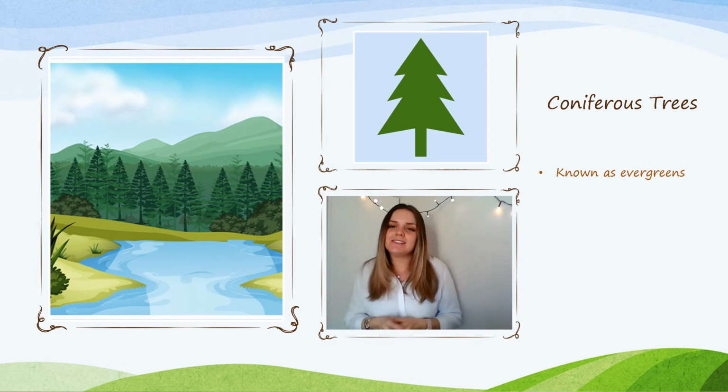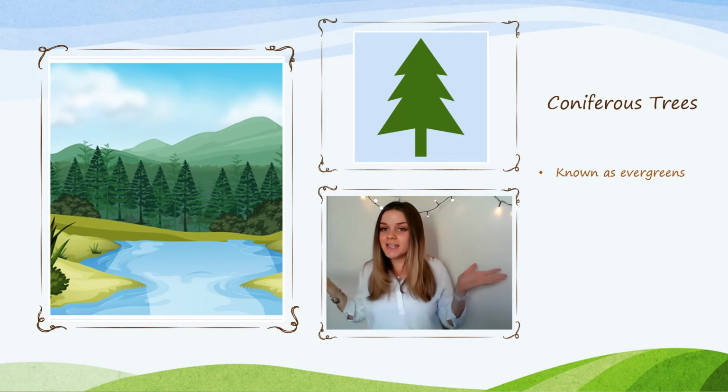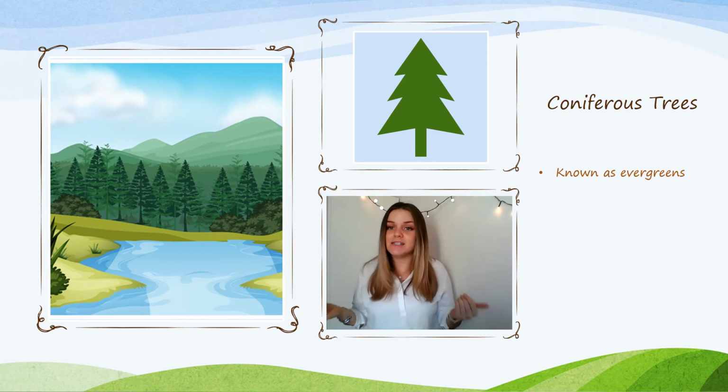So these trees have a difference from our deciduous trees that we looked at just before, that they are always green. They don't lose their leaves in the winter and they don't change color in the autumn. So especially at those times of year, if we go outside in the fall or winter, it is very, very easy to identify these trees because when we look around us, they're one of the few things left that is still green.